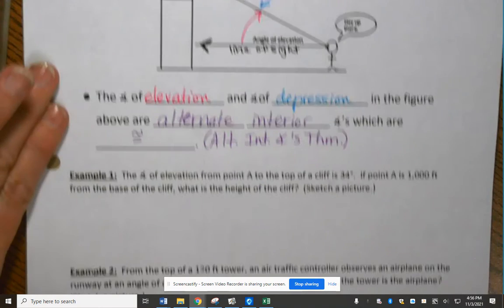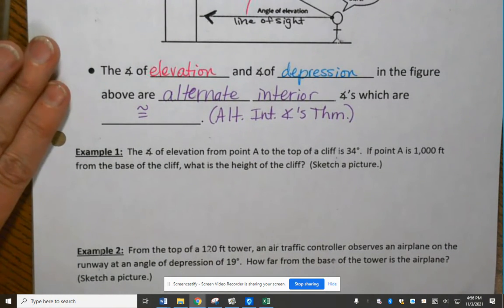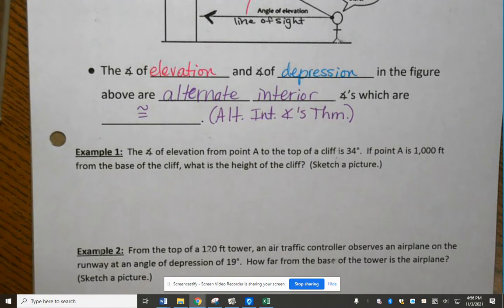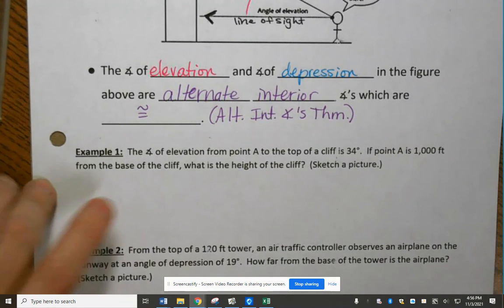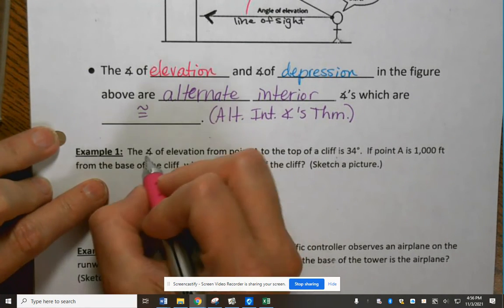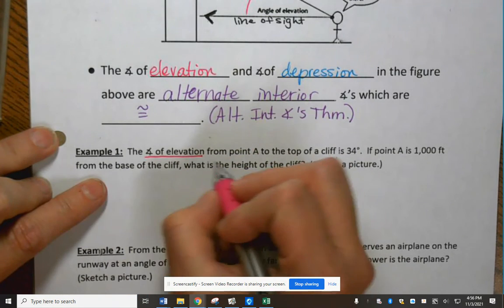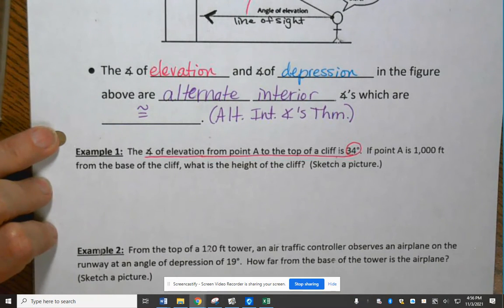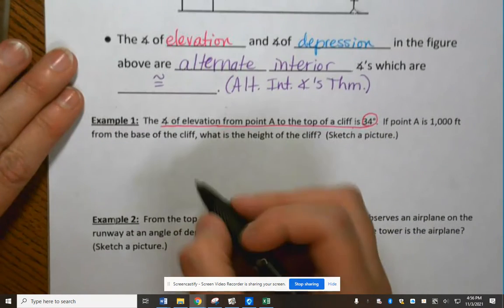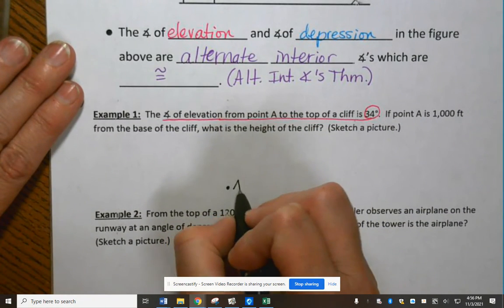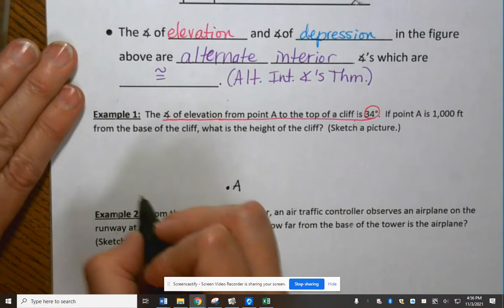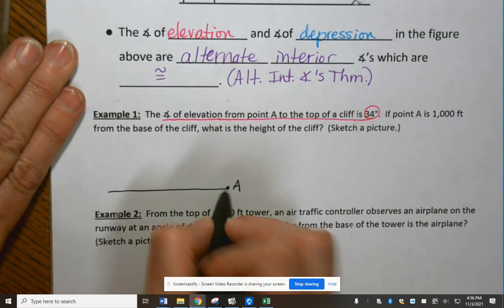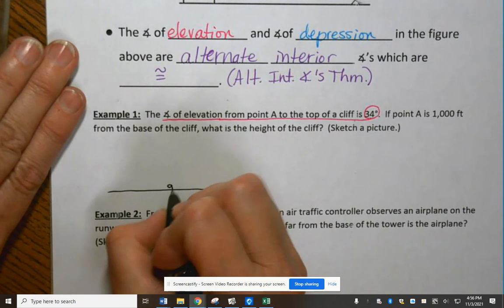All right, it is important on these word problems that you draw a picture. So pay attention also to certain words in here. So the angle of elevation from point A to the top of a cliff is 34 degrees. So I'm going to have point A somewhere down here on the ground. And again, this is our ground.